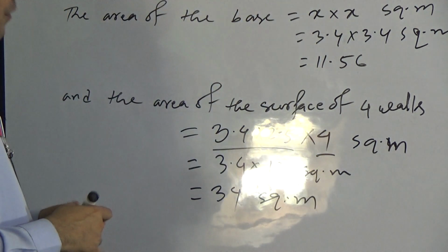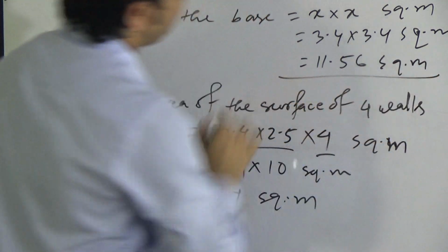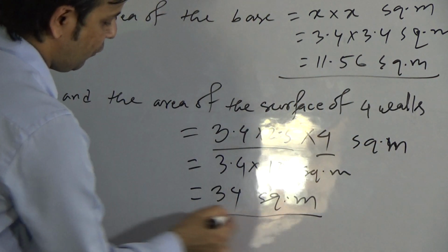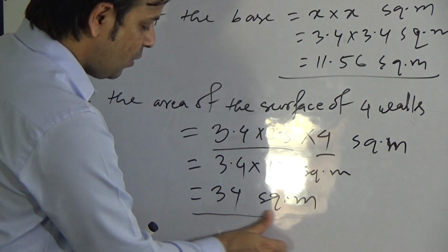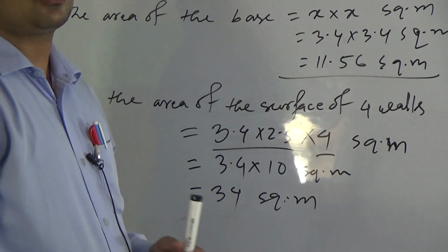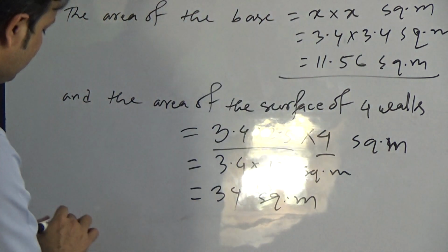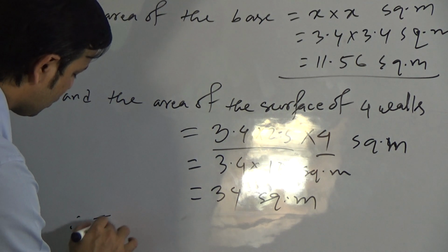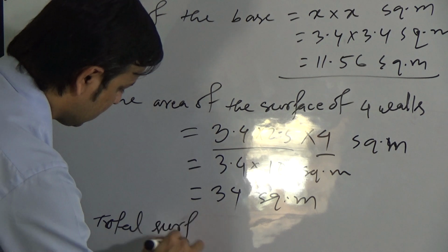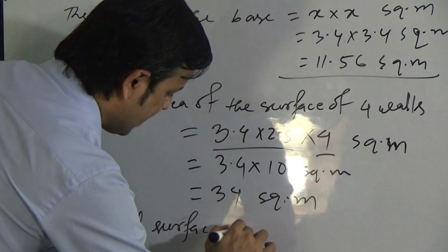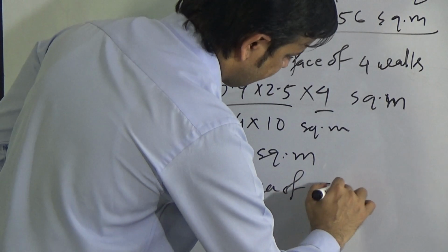So now if we add the area of this base and area of 4 walls, we will get the total surface area of 5 surfaces. We can write here, total surface area of 5 surfaces.